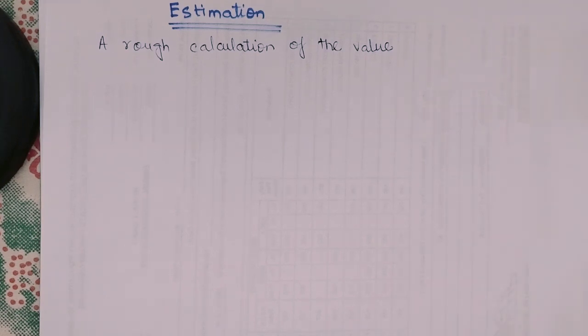You can roughly calculate, you can simply say a guess. You can guess the diameter of the sun, you can guess the diameter of a ball pen, everything you can estimate because it's just a rough calculation. So this is your estimation.